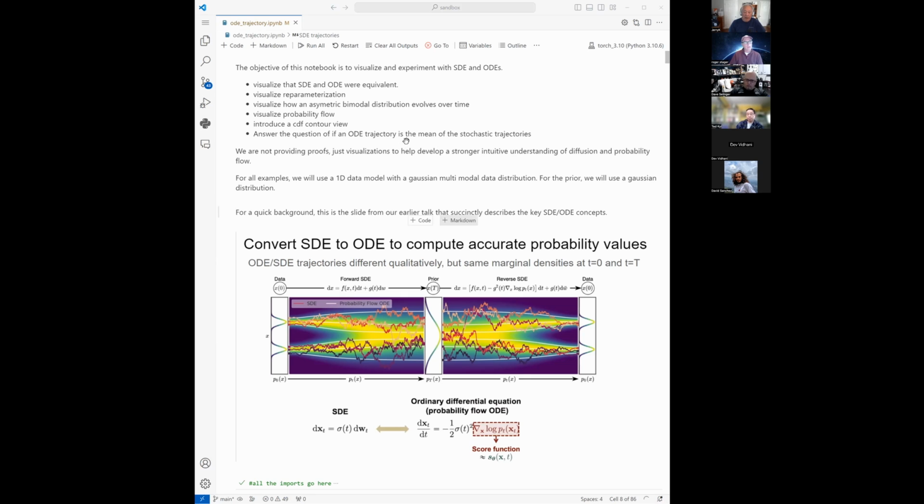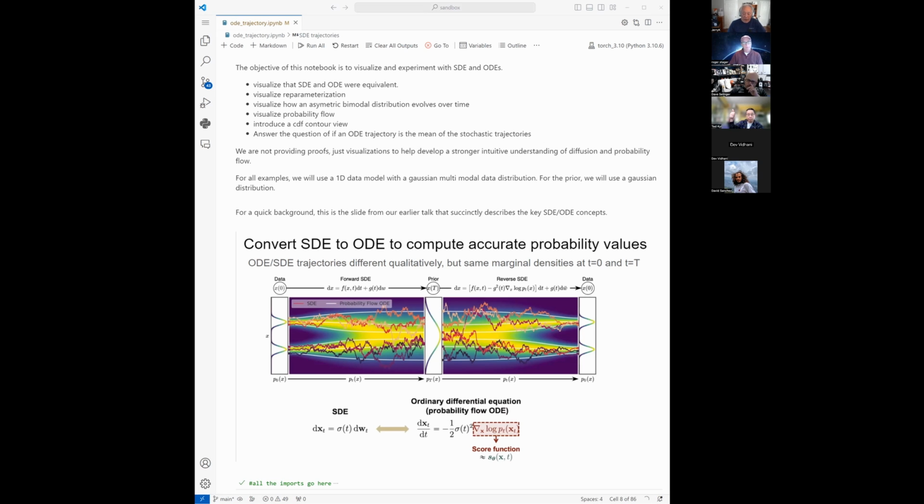Then there was another question, I think from Vita, during that session: does this trajectory equal the mean of the SDE stochastic trajectories from a given point? I tried to create that so that we could answer that question as well.